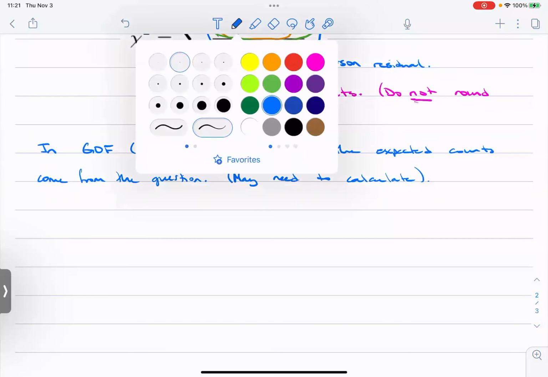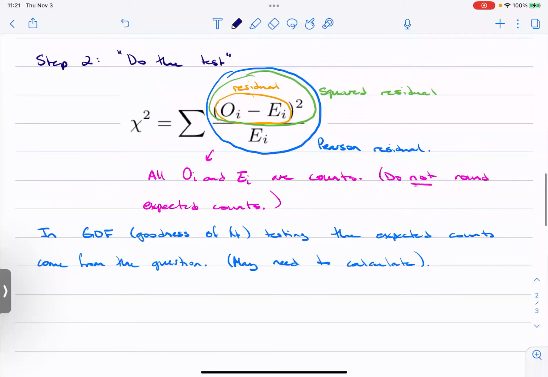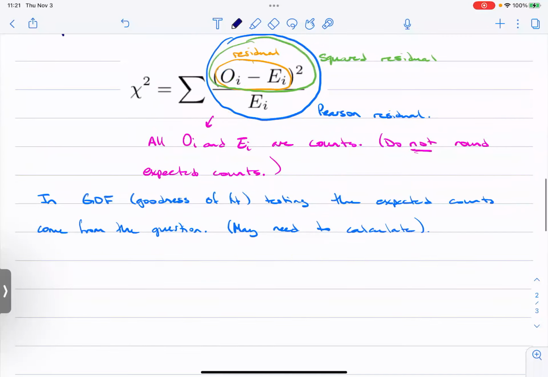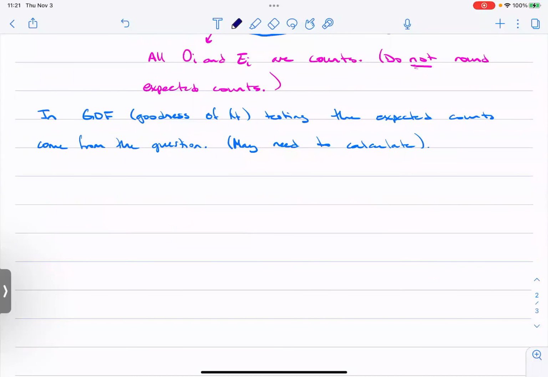Okay. So once you have the chi-squared, step 3 is find the p-value. Of course, I introduced a new table, our favorite thing. All the tables you're welcome to use are, of course.